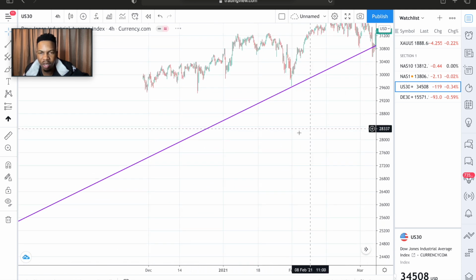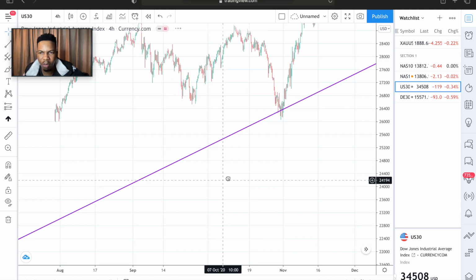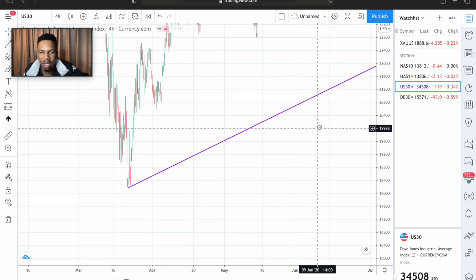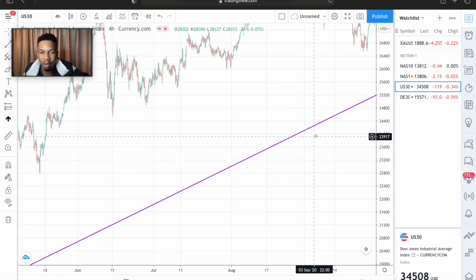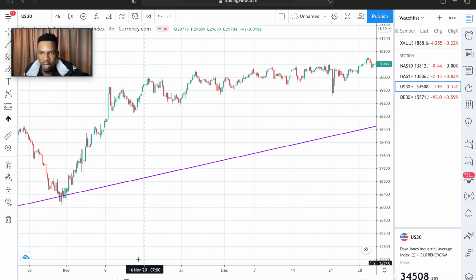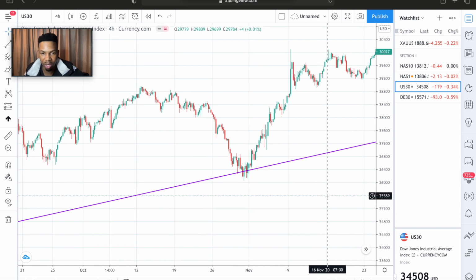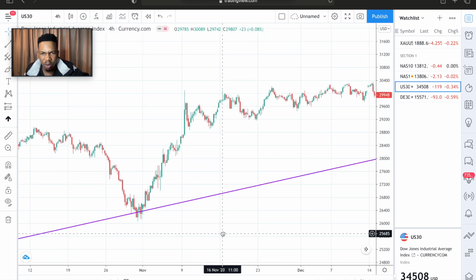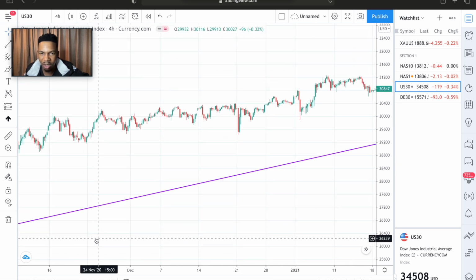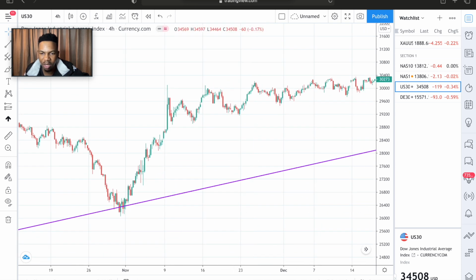So I wanna start at the back, because the more evidence I have of the market repeating the same kind of cycles, the more ready I am when I see the market go to those areas. You get me? So in this case, we're gonna see a lot of semi-trends within this uptrend.